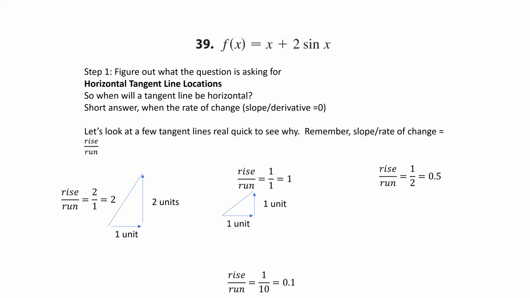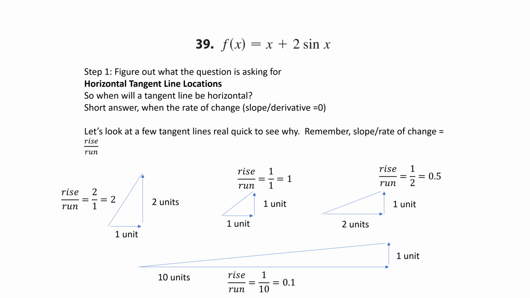For every 1 that x goes across, it rises by 1, so it's 1 over 1, and the slope is 1. For this next one, for every time x goes 2 units, y goes up by 1, so it's 1/2 or 0.5. And finally, for the last one at the bottom, there's 10 units along the x direction, and for every 10 units, it only rises 1, and you get 1/10, which is 0.1 as your slope.